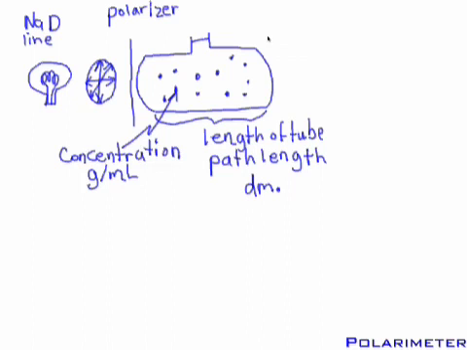Okay, now the light is going to emerge after it's gone through a polarizer. So let's say it hits the solution oscillating straight up and down, and then it's going to emerge from here rotated. So I'm going to rotate it to the right a bit. So originally it was straight up and down, and now it's rotated this much.